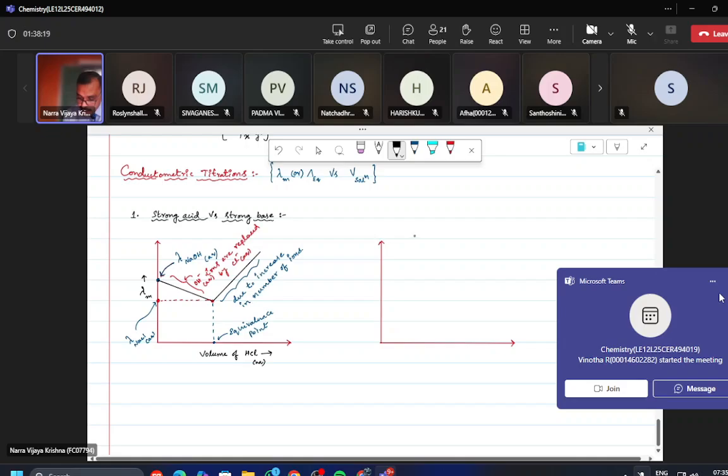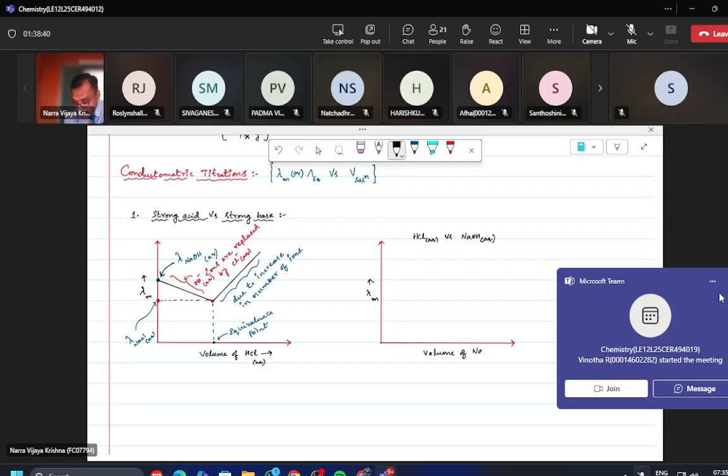Here I am titrating HCl versus NaOH. On the y-axis, I am taking lambda m. On the x-axis, I am taking volume of NaOH added from outside.